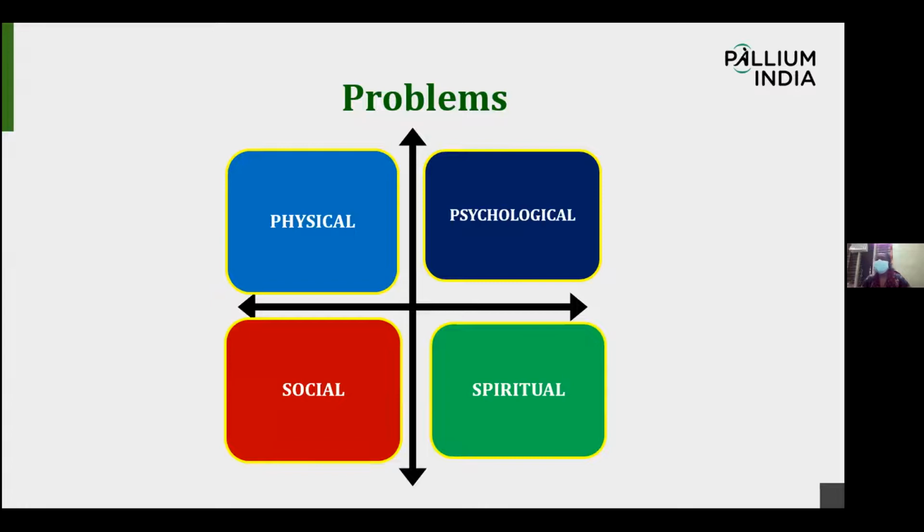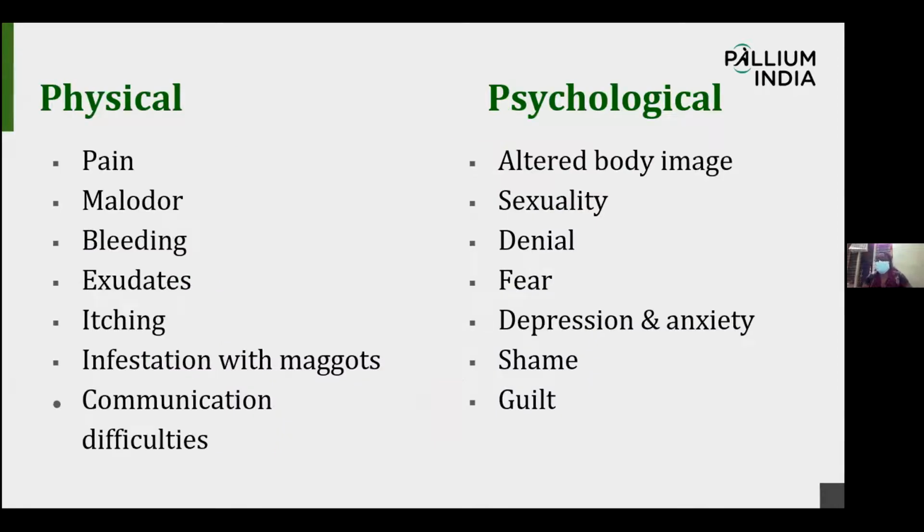So what are the physical problems that the patients can get? These are the physical problems. The first one is pain. So how does it happen? Because of the direct exposure of the dermis, and the second thing is that the tumor will be compressing on the blood vessels and nerves. So the patients will experience two different types of pain, nociceptive pain and neuropathic pain.